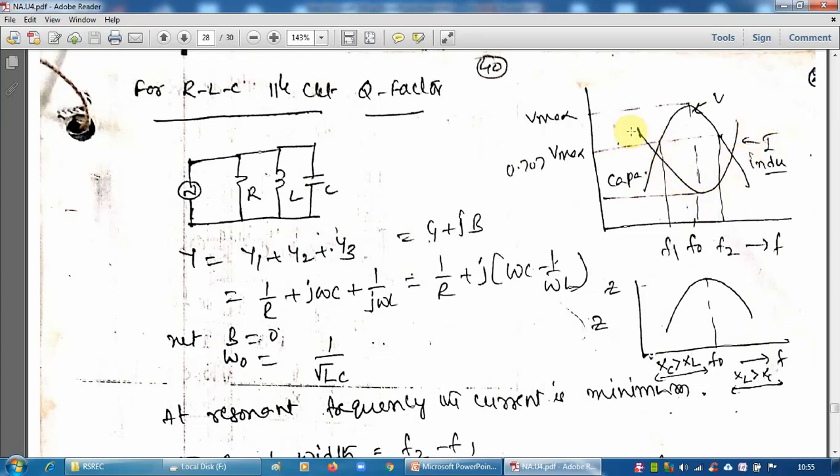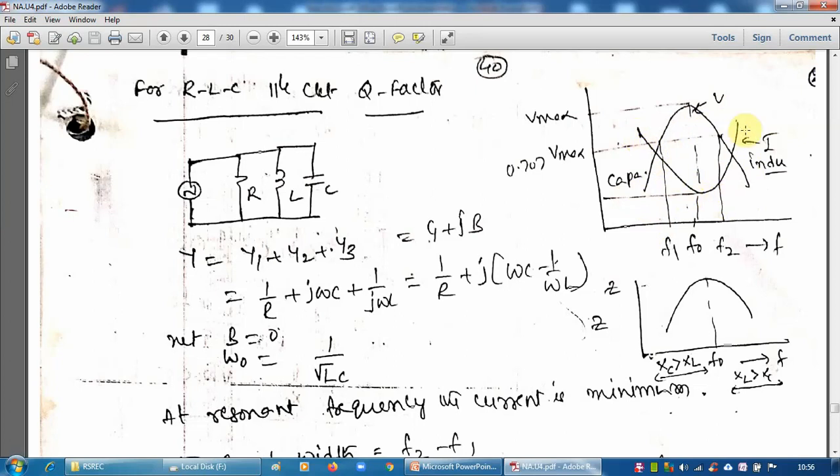This is opposite to that of the series circuit, which you should remember. In the series circuit, the current will be in this fashion, the response curve we have seen. Whereas in the parallel circuit, the current is like a V, and for the series circuit, the current is an inverse V, like this.